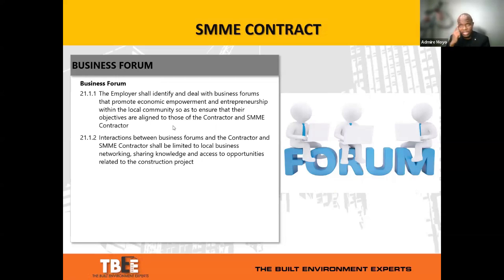The contract also recognizes business forums, and it places an obligation on the employer to identify and deal with business forums. I think this one is quite important because the project team and the contractor are often left at a risk of operating in a particular area without necessarily knowing what they're up against.